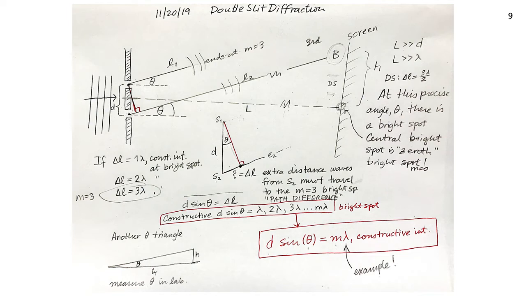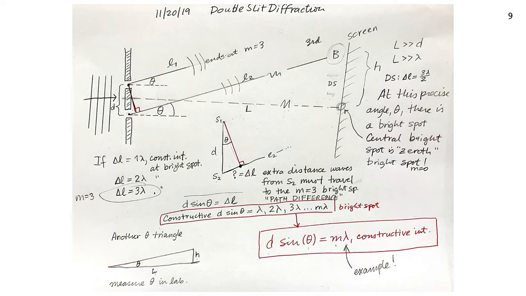Now let's look at this stuff here. Delta L is down here, and your condition is this. d, this is the hypotenuse, d times sine theta is equal to delta L. And I should make that delta lowercase l.